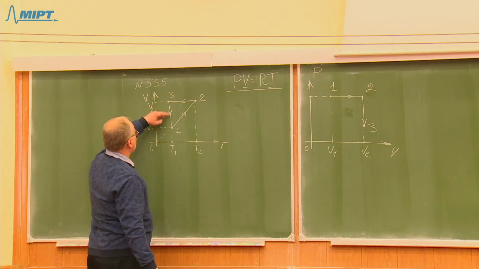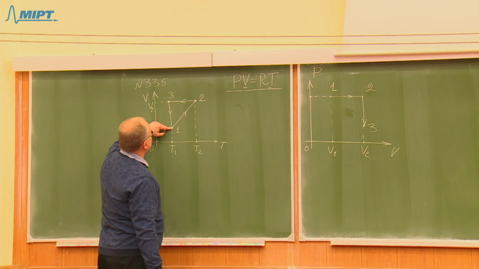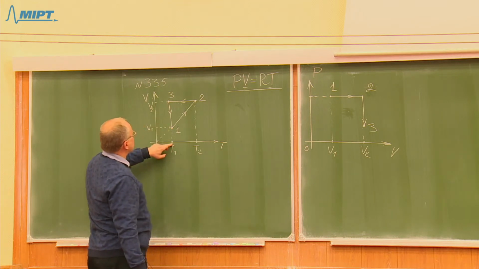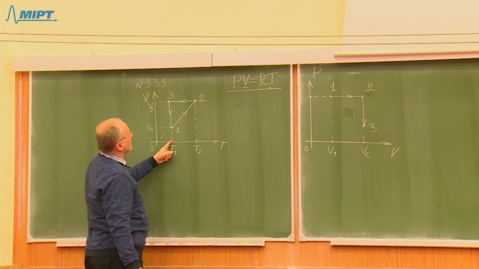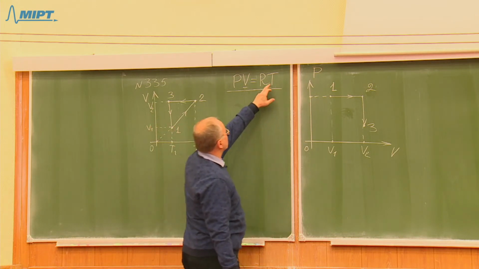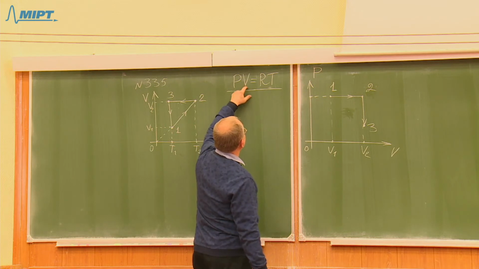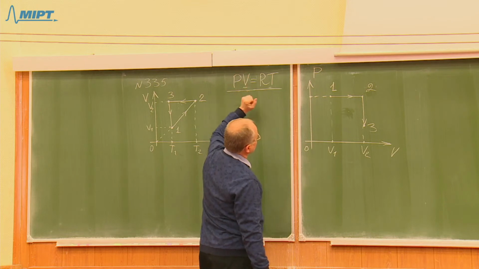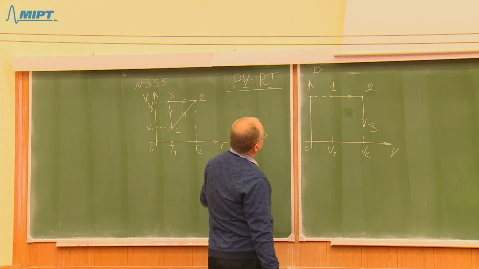And then the last section, 3 to 1, goes under constant temperature. The temperature of the gas here is constant and equal to T1. So if temperature is constant, then PV is constant. The product of pressure and volume must remain constant in this process.